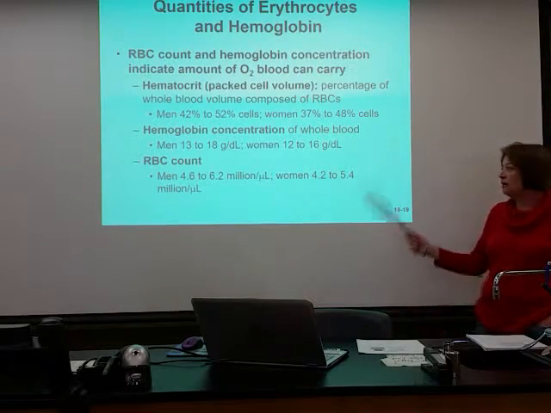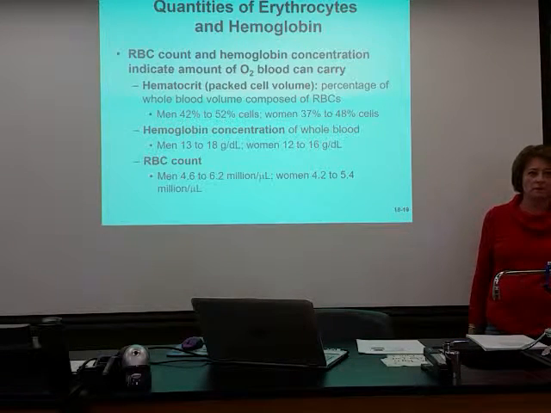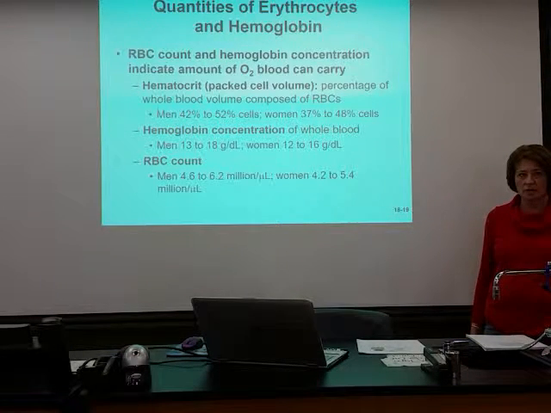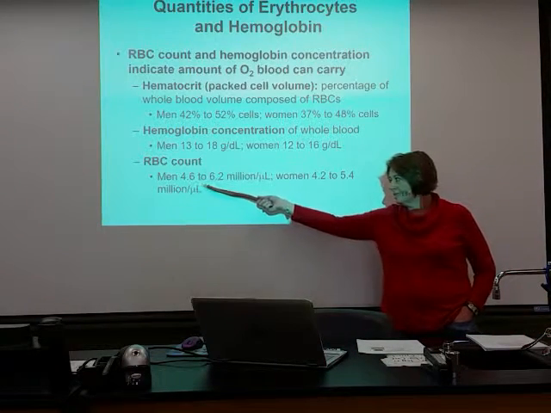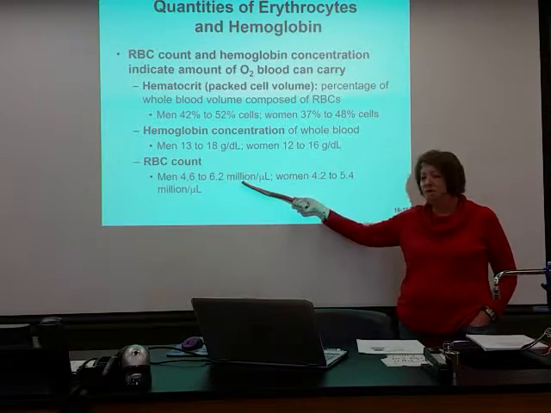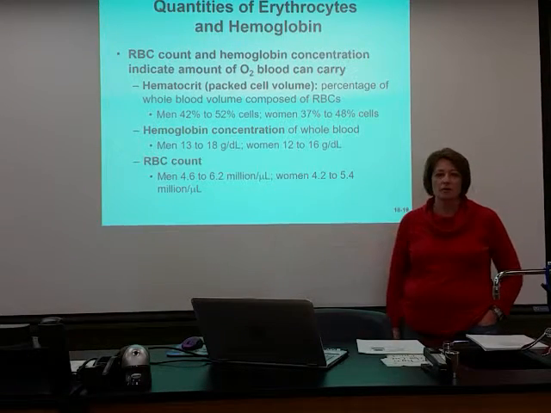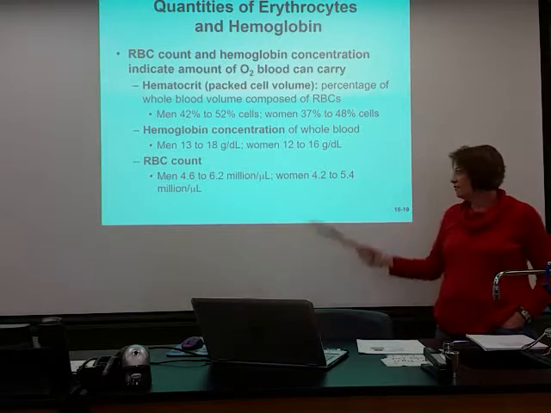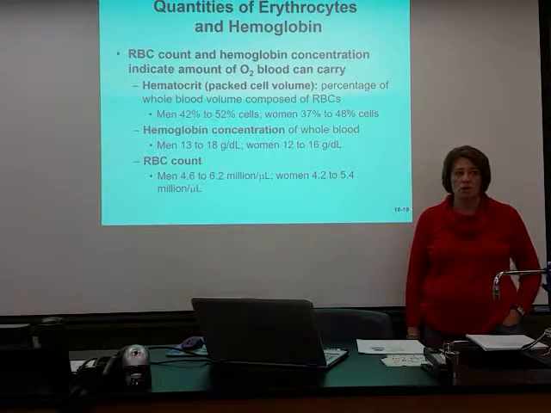I don't want to be the one who gets punished to count the red blood cells of somebody's blood sample. Men should have between 4.6 to 6.2 million red blood cells per microliter. Females, 4.2 to 5.4 million per microliter.